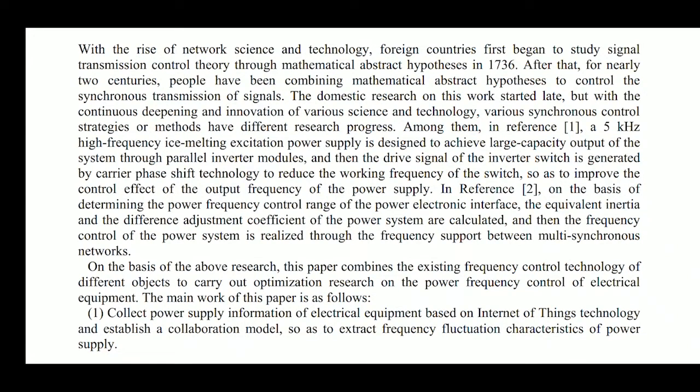The main work of this paper is as follows: collect power supply information of the electrical equipment based on Internet of Things technology and establish a collaboration model so as to extract frequency fluctuation characteristics of the power supply.